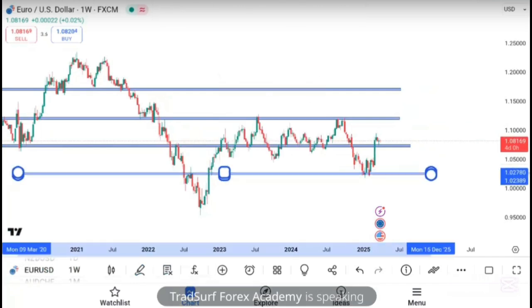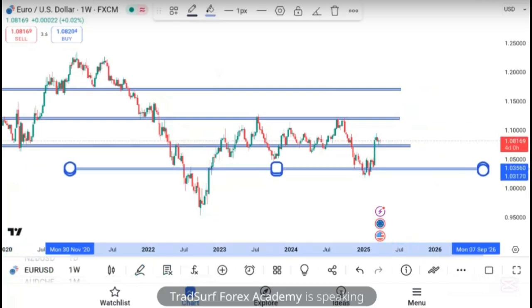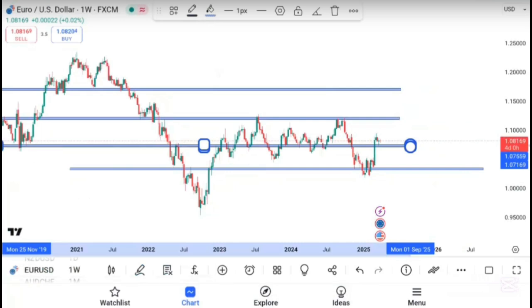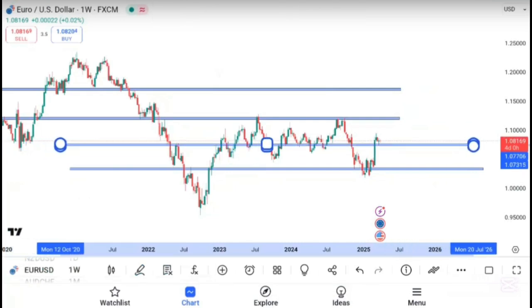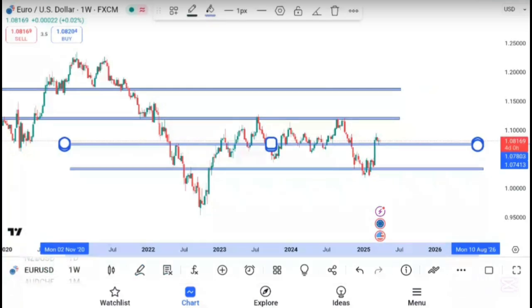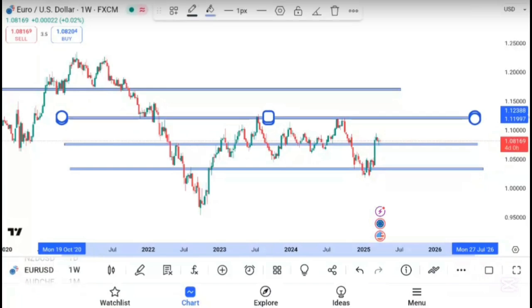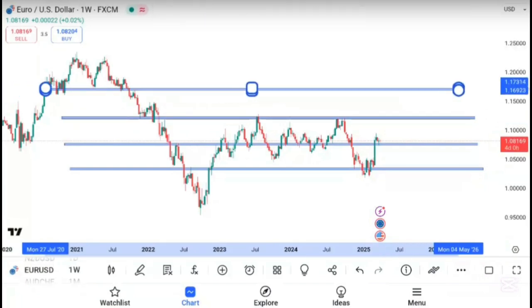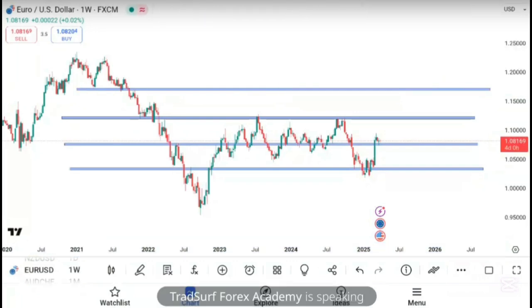So you can just move it into the future. So we are having business with the uncharted areas, the areas price have not yet occurred.